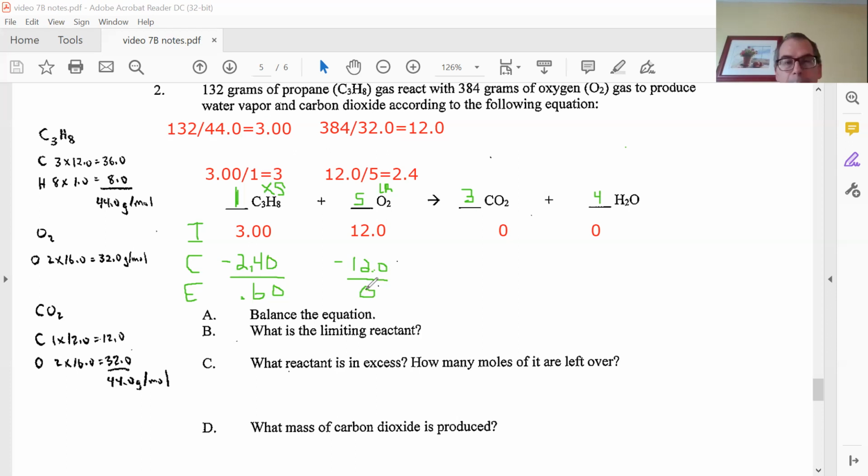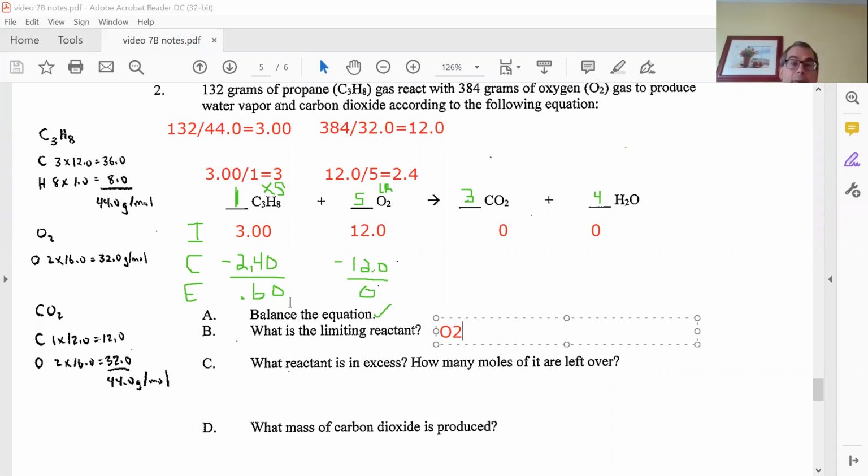Okay, I haven't completed this, but I've done quite a bit of this ice box. Let's look at our questions and answer them. We balance the equation, so check mark that. What's the limiting reactant? We said that was the O2. So I'm going to type that in and say O2. And what reactant is in excess?